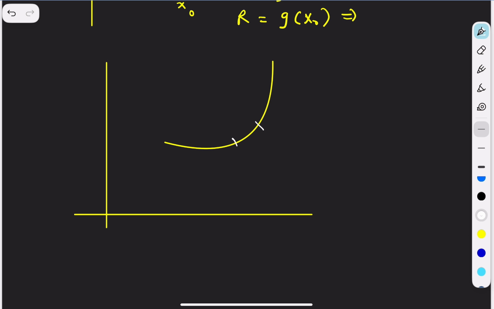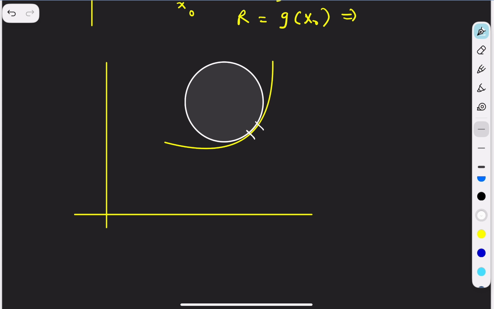I want to find out, for this small segment, what is the radius of curvature. So I'll take this very small segment, and I'll draw a circle which is just touching it. This is the circle that we are having.